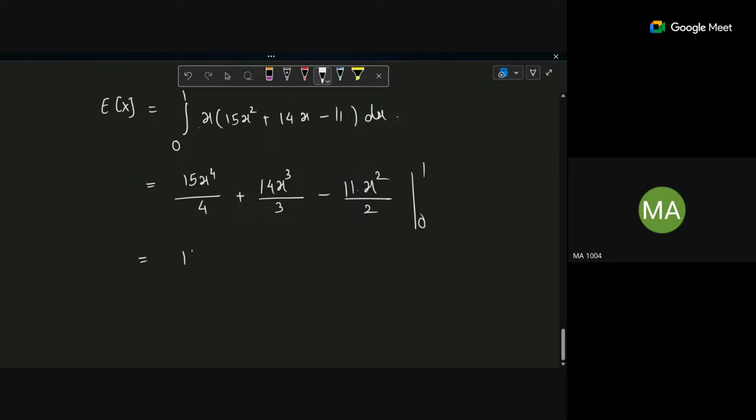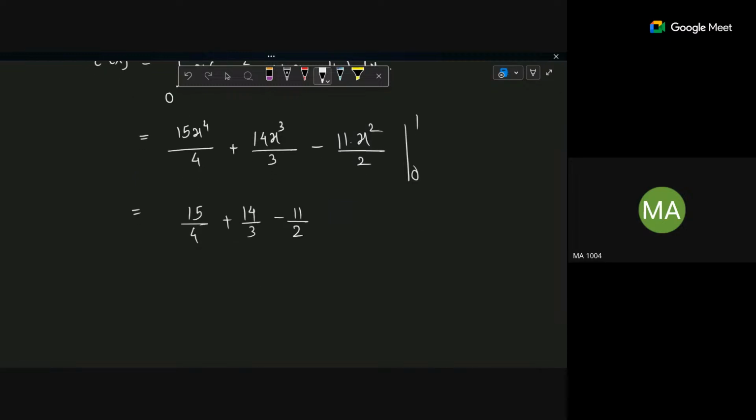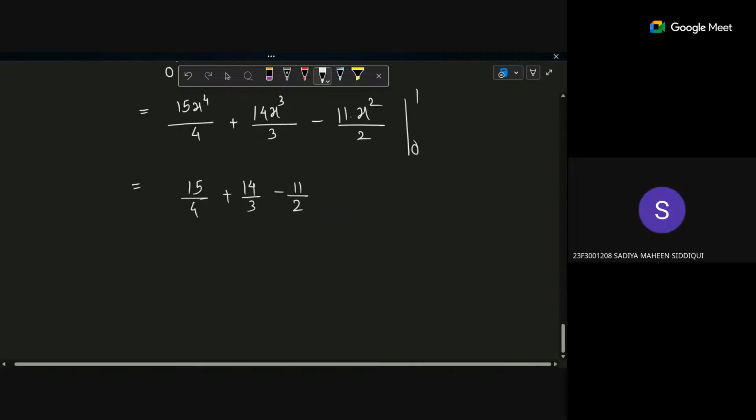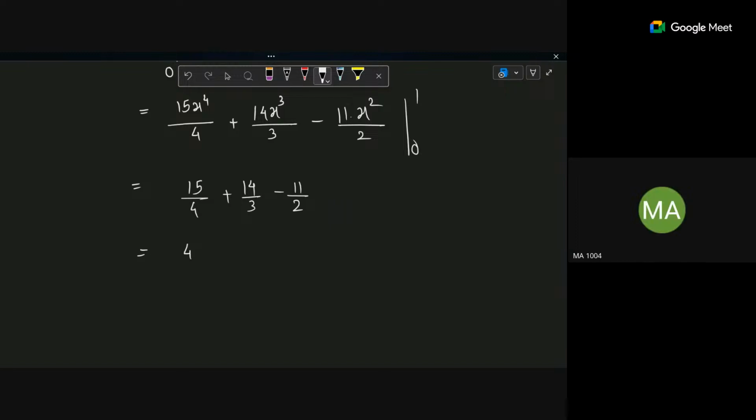So it is nothing but 15 by 4 plus 14 by 3 minus 11 by 2. What's the final answer? Ma'am, 35 by 12, or 2.91. But someone said 5 point something, right? Let's check.